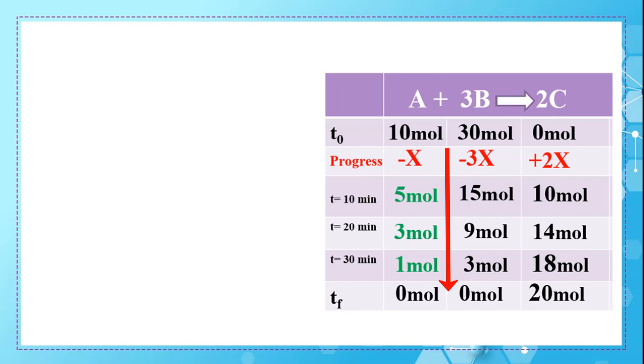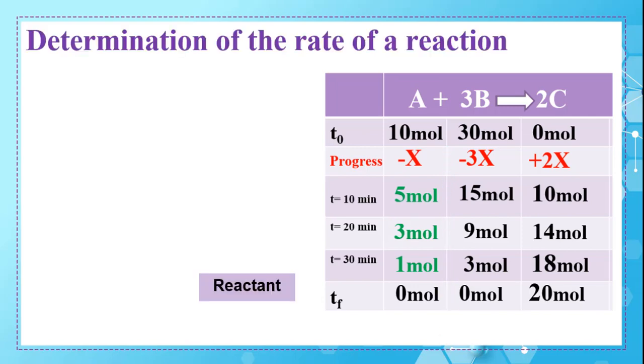So I can draw a graph representing the variation of the number of moles or concentration of a reactant as a function of time. I will obtain a descending curve that reaches the x-axis at the end of the reaction. On the other hand, the number of moles of C is increasing with time.